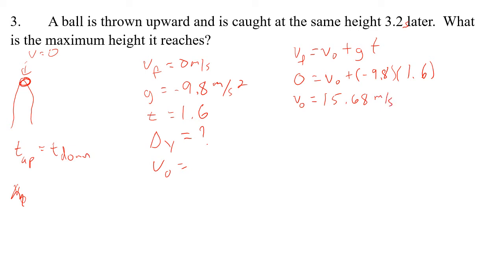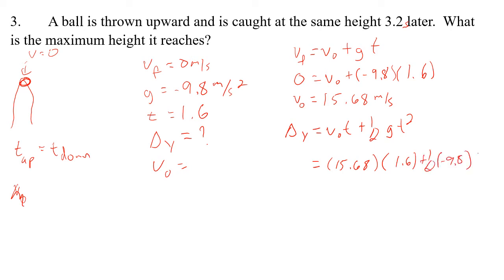And now we can use any of those equations to find delta y. I'm going to use delta y equals VOT plus 1/2 g t squared. The velocity is 15.68 times time, which is still 1.6, plus 1/2, that's negative 9.8 times 1.6 squared.